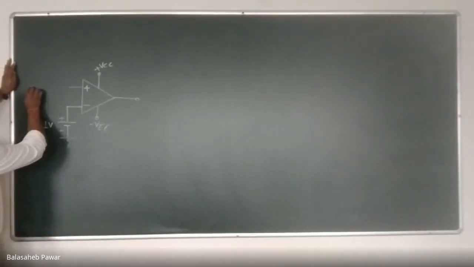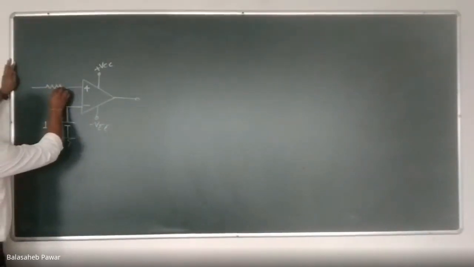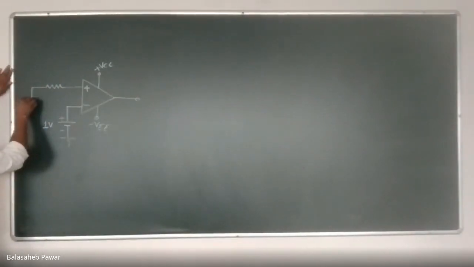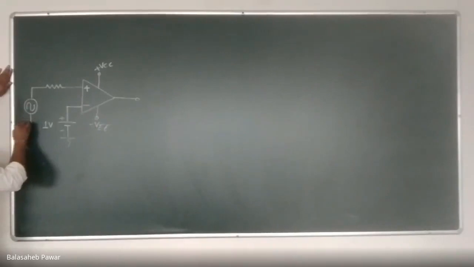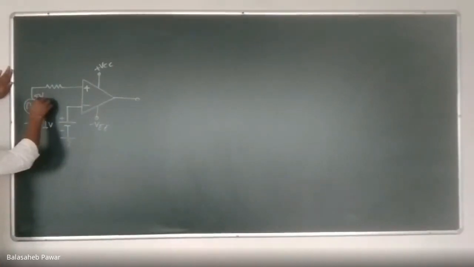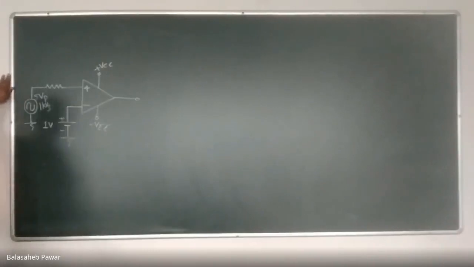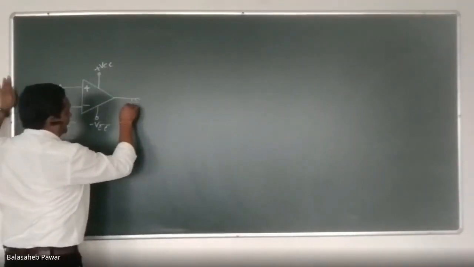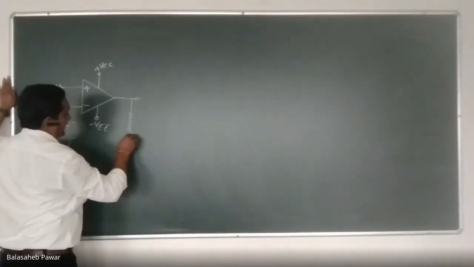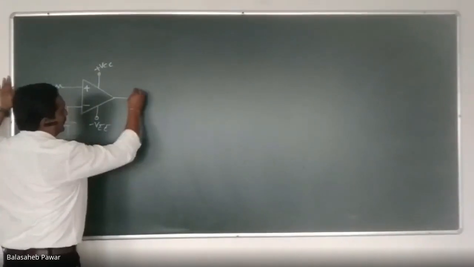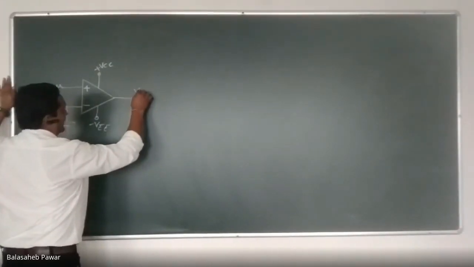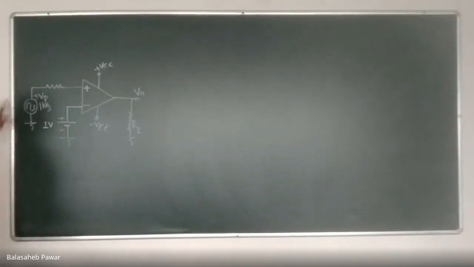To the other terminal, the non-inverting terminal, I connect one time varying signal, for example a sine wave of 5 volt peak with some frequency, for example 1 kilohertz. And at the output across this RL, I want to observe the nature of the output.